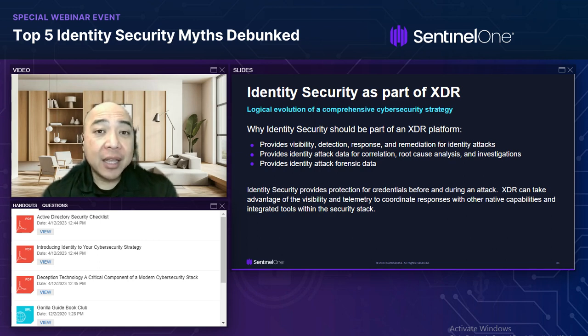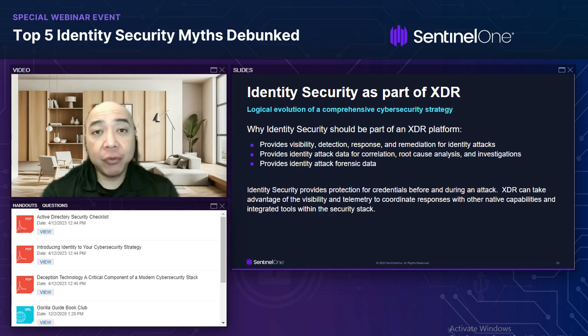You're providing identity attack data correlation, root cause analysis, and investigation because you've got all of this extra identity-based data in your XDR environment. So now your investigations become much easier to do because you have a more complete picture, which is sort of a misnomer because complete is everything. So you have more of a picture. You see more of the data because you're seeing the identity-related data correlated to identity-based attacks.